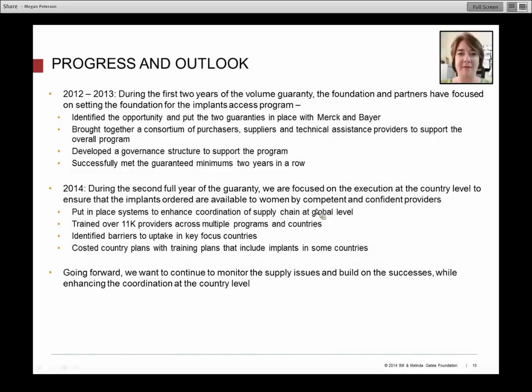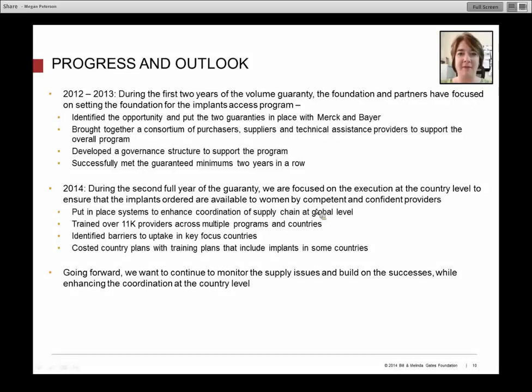So that's really the focus that we have right now as we're moving forward, really looking at execution and making sure those systems are in place around coordination of supply chain at the global level, and that's been working really, really well. Looking at what we can do to support capacity building of providers, and again, this is not just from the foundation's perspective, or from the foundation's investment, but obviously USAID and UNFPA are very big partners in this space, huge partners in this space, with support available both for procurement and for capacity building.